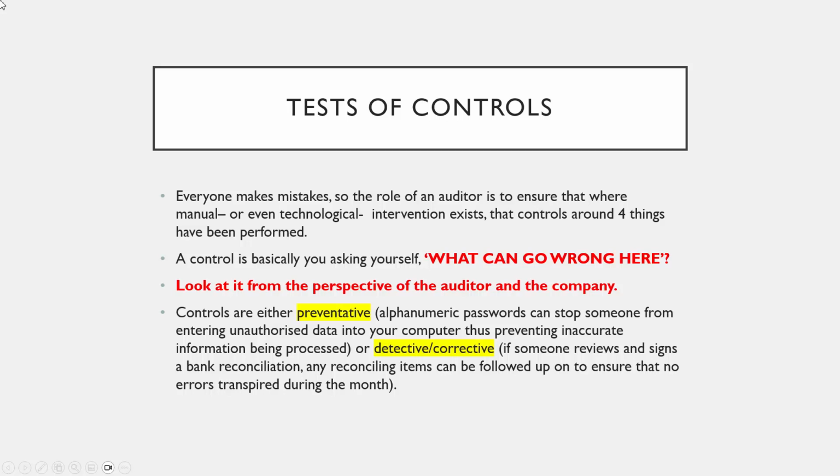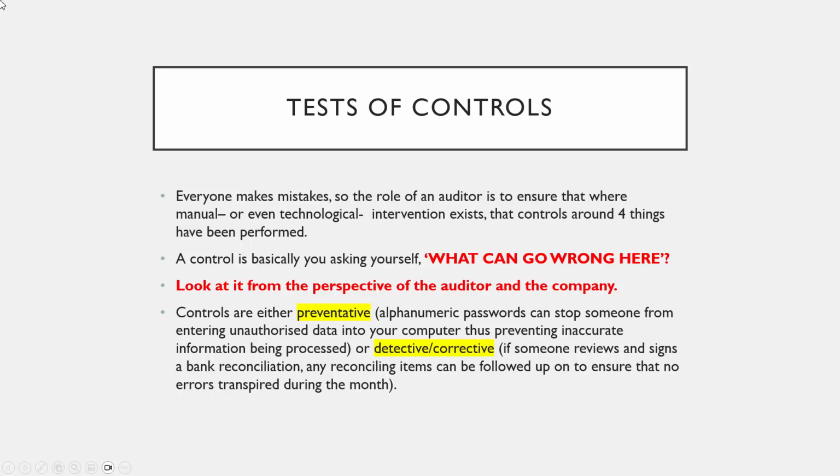So the company says that the bank reconciliation is reviewed and signed as evidence of review. When we come in, we say, hey, show us proof that this is actually reviewed and signed. And that is what a test of control actually is.